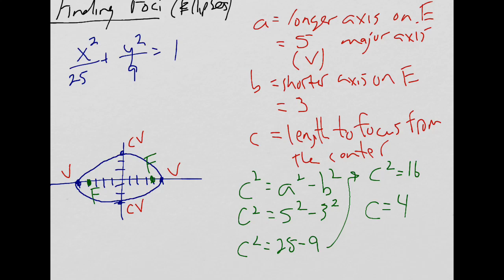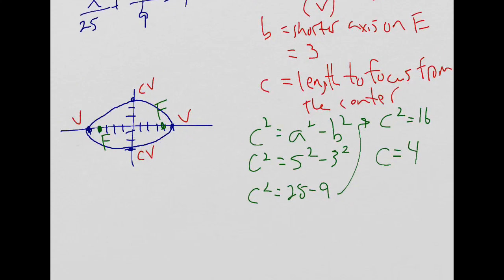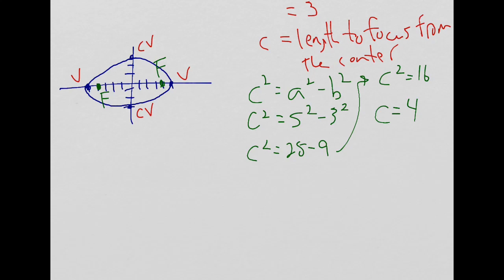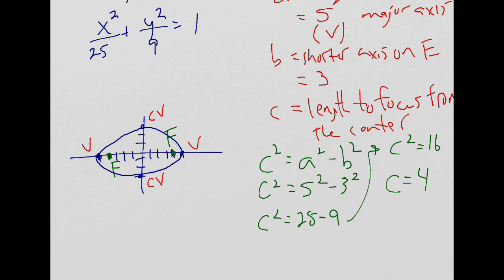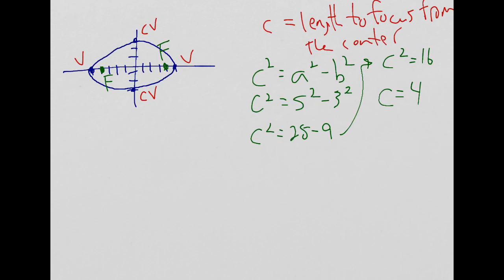Sometimes we give you information about an ellipse, and maybe I say that the y-intercepts are these guys, and that's going to help you find either the A or the B. One thing you want to be careful about: we haven't talked about ellipses that have a center other than the origin.